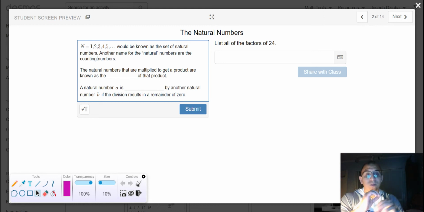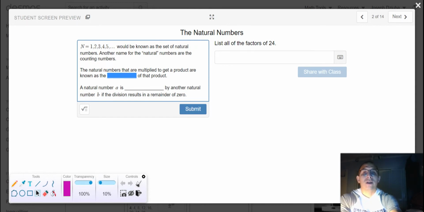There is a distinct difference between this set and a set we'll talk about in our subsequent lesson that includes 0, but this set of numbers, 1, 2, 3, 4, 5, etc., would be known primarily as the counting numbers.